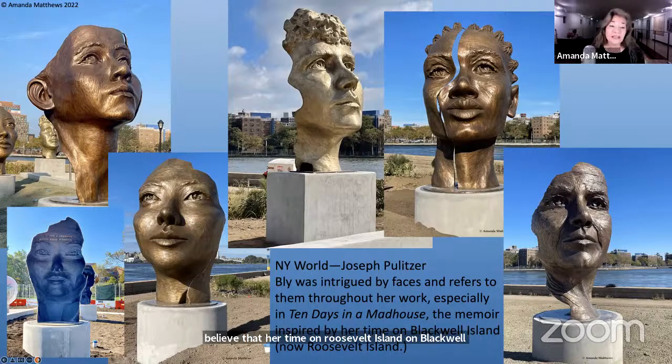First of all, in her book, she is intrigued by faces. She tells story after story after story of faces and feels like that they really reflect her soul. She talks about seeing poverty and hard lives written on the faces of the people in the New York courtroom. She talks about how she had to manipulate her facial expressions to feign insanity.